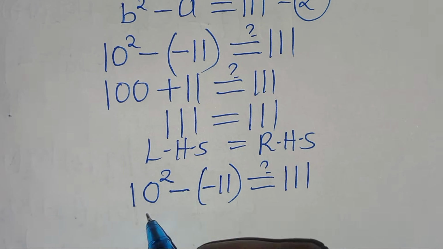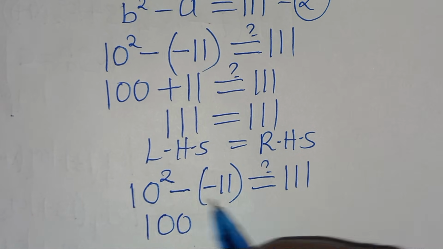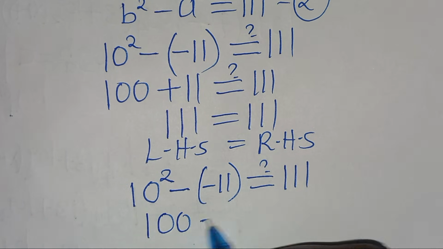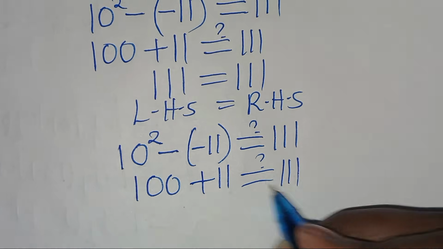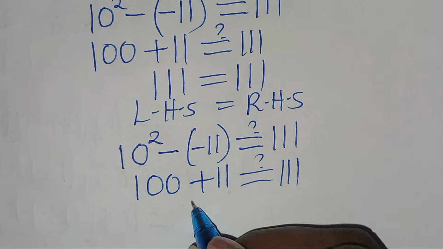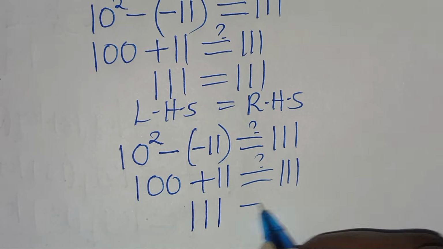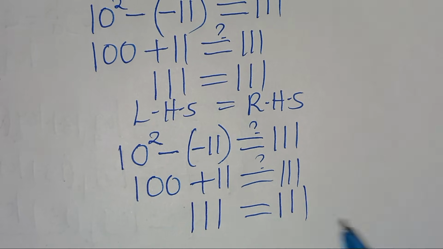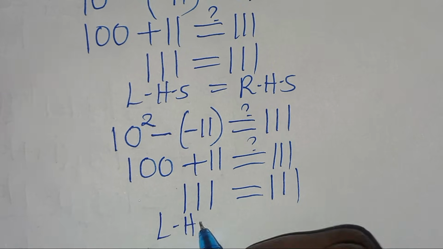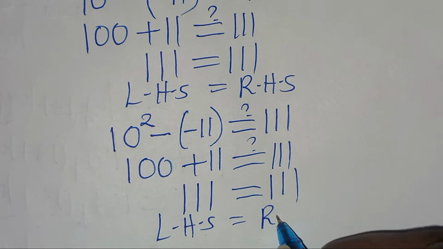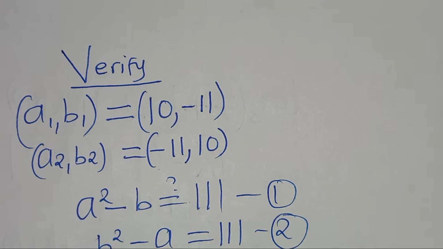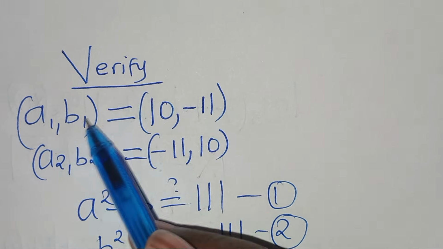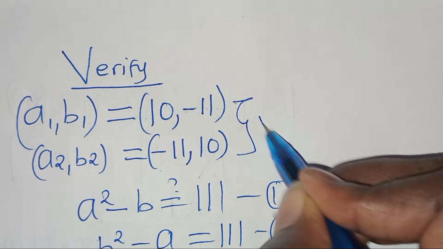So 10 squared, this is 100, minus times minus 11, this is plus 11. So 100 plus 11, this is 111, which is equal to 111. So the left hand side is equal to the right hand side. And this proves that a2, b2 and a1, b1 satisfy the equation.